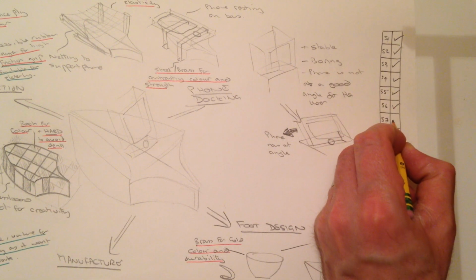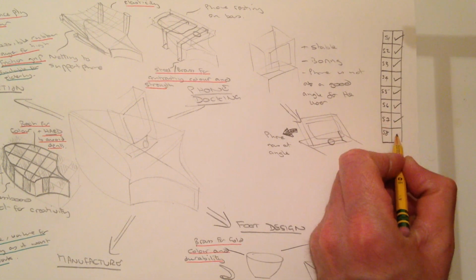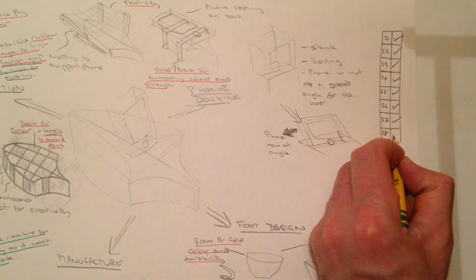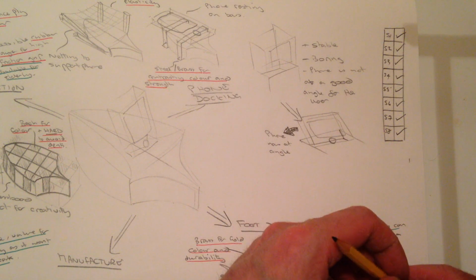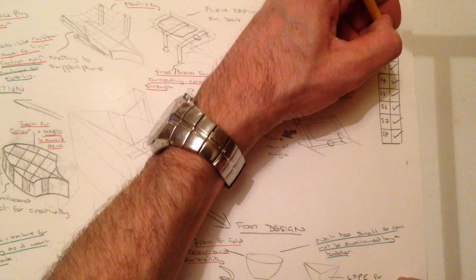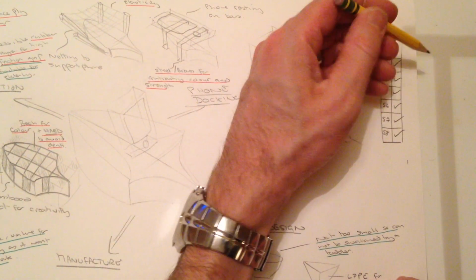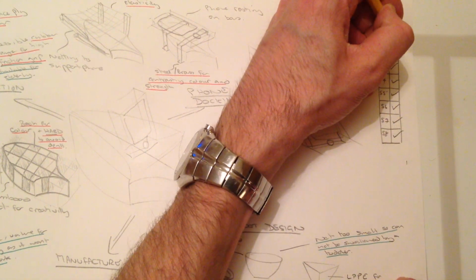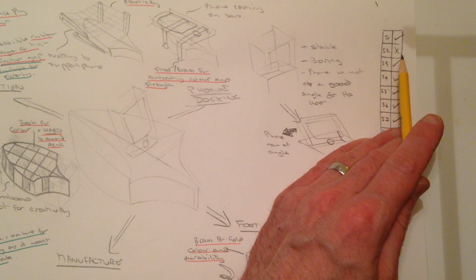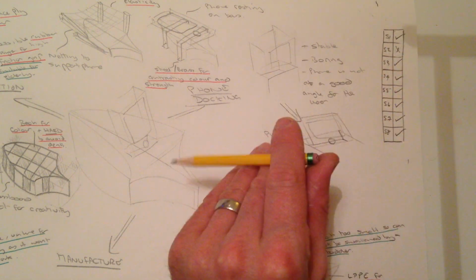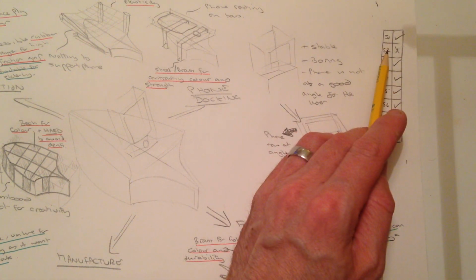Function, good for that. Materials, let's say good for that. So on this one is obvious. If we wanted to give ourselves some lines for development, if there was one that actually was obviously a weakness, if we were to put a cross in there, then on the next page we know that this one here, spec point 2, we need to change something in our design to meet this cost.